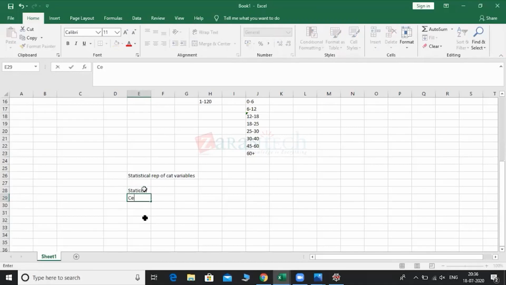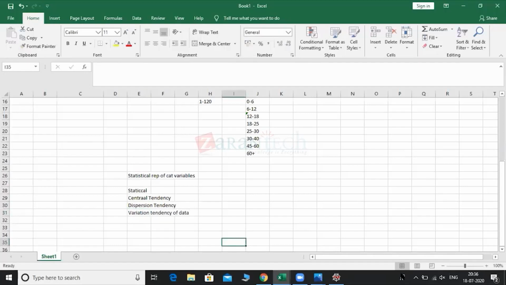One is central tendency of the data. Then dispersion tendency of the data. And then variation tendency of the data. Now, any data will have all these kinds of parameters.